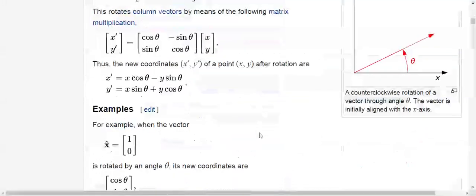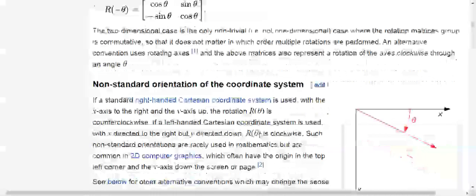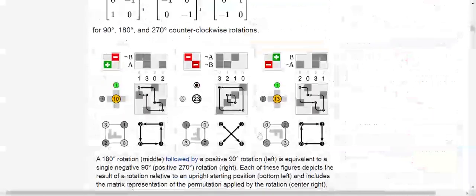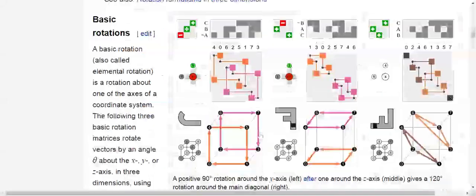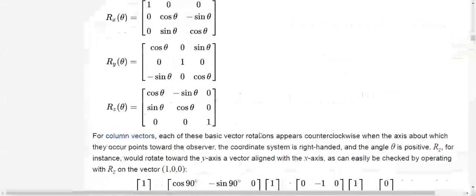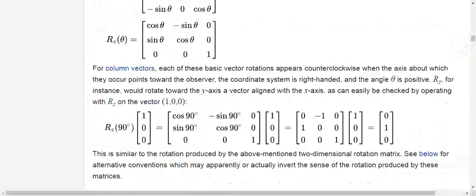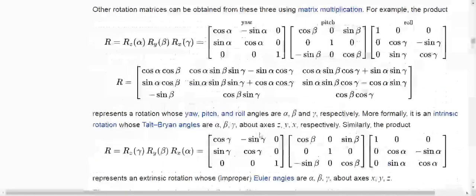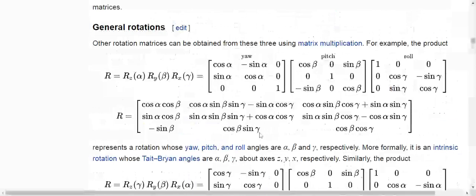But suppose we want to do rotation in a 3D plane for a 3D vector, or a 3D tensor in our case. Then in case of 3D, we represent a 3D rotation as a combination of three rotations in three axes.